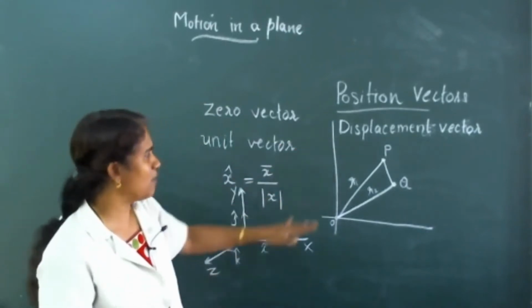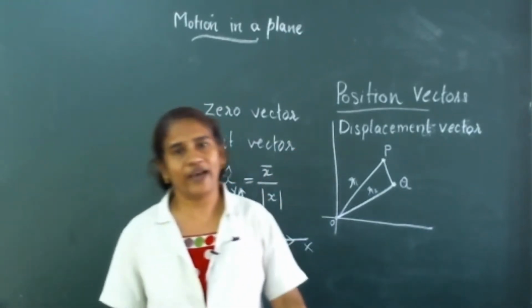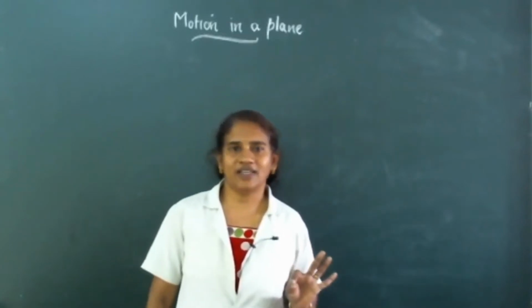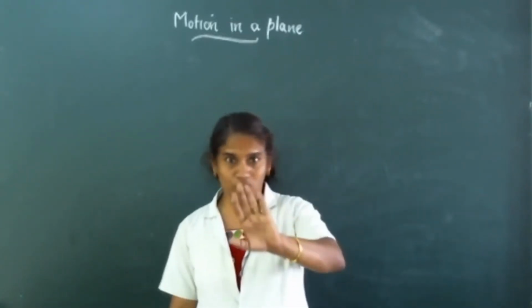Okay, these are some of the important types of vectors we have to see. So, which vectors have we studied? Position and displacement vector, then unit vector, zero vector. In unit vector itself, orthogonal vectors. What is meant by orthogonal? 90 degrees. Okay, so 90 degrees to each other. So, i, j, k cap, all those things should be there.